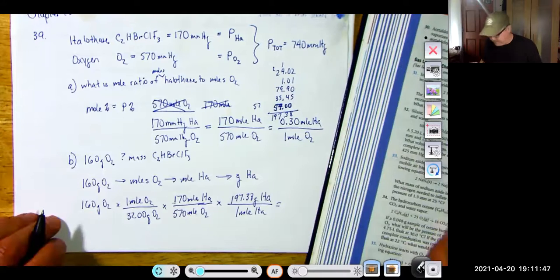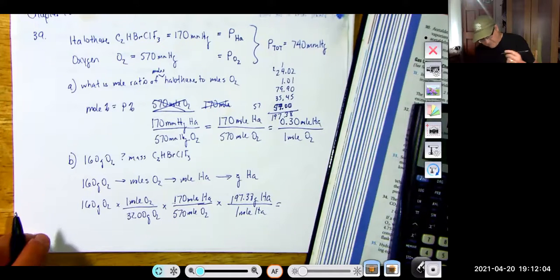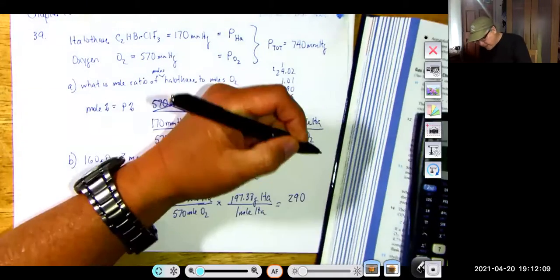So that's the guess. Okay. 294. So 290 grams of halothane.